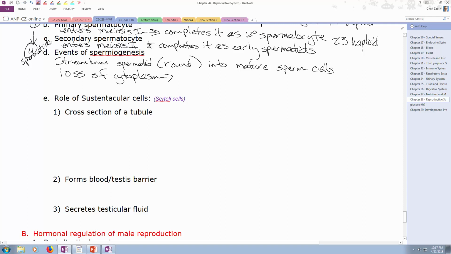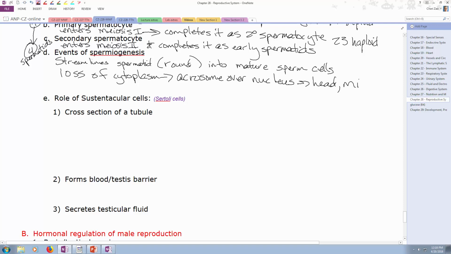Then we'll end up with an acrosome over the nucleus of that cell. And this will make up the head of the sperm cell.